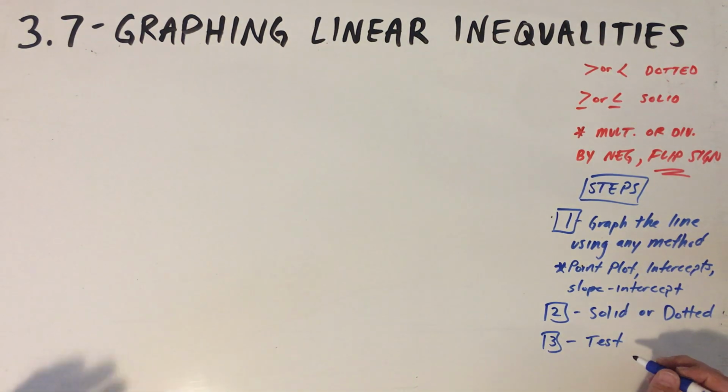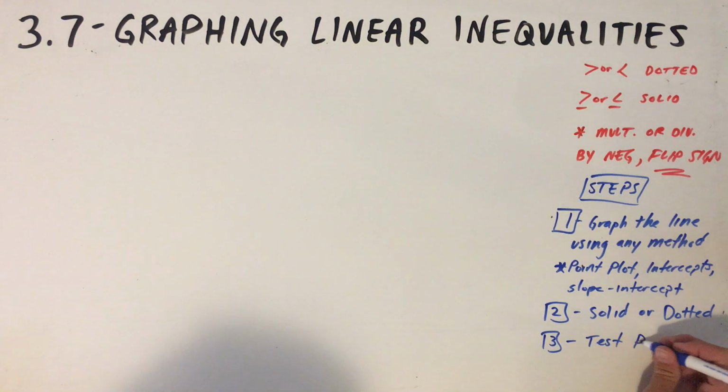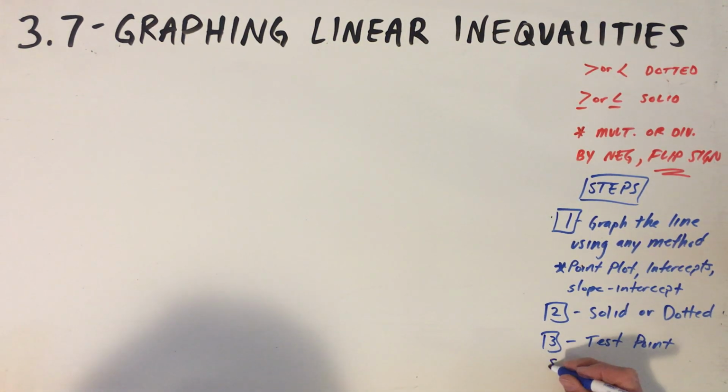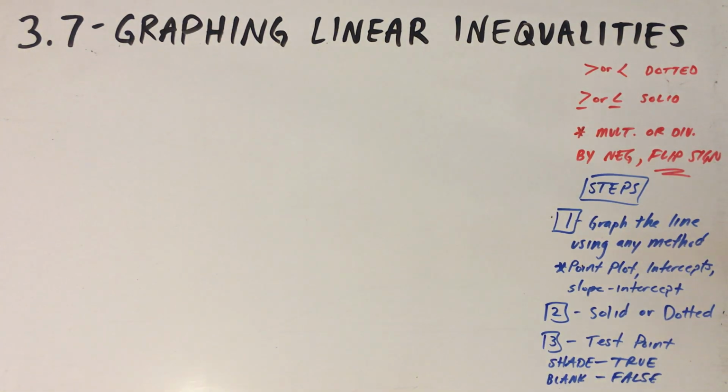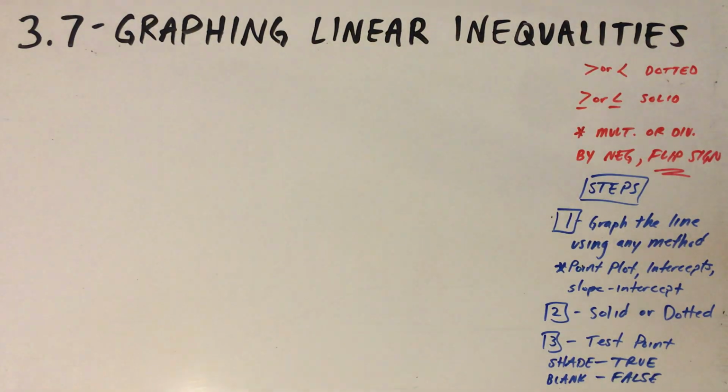And again, where we shade represents all of the values, all of the ordered pairs, that if I plug them into the original inequality would make it true. So we're going to use a test point and we're going to shade the region that's true, and we're going to leave it blank if it's the region that creates a false statement. Okay, so these are my steps for graphing these inequalities.